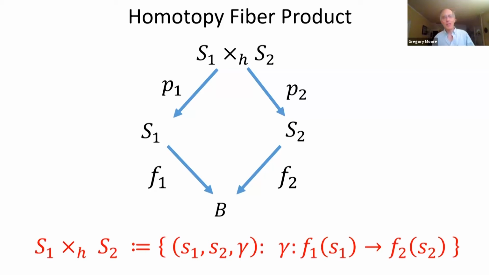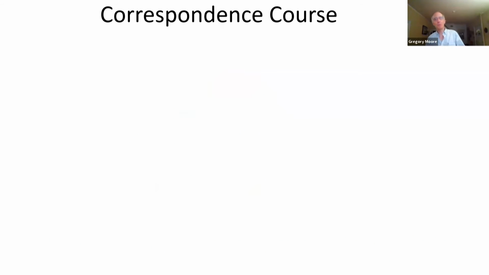And by definition, it's the set of triples of a point in big S1, another point in big S2, and a homotopy, a path in B from the image of S1 to the image of S2. And we include that gamma, that homotopy, as part of the data of points in the homotopy fiber product. So it's very big. It includes all these paths. But it has good properties.